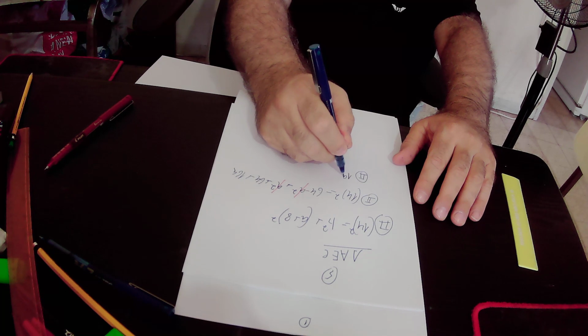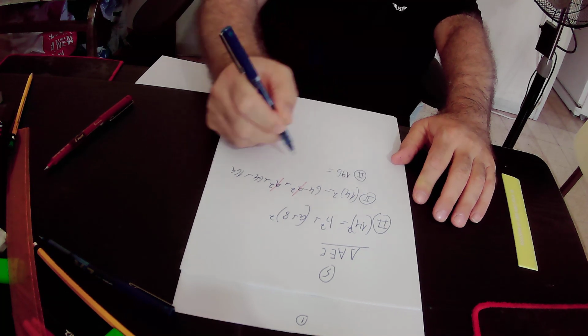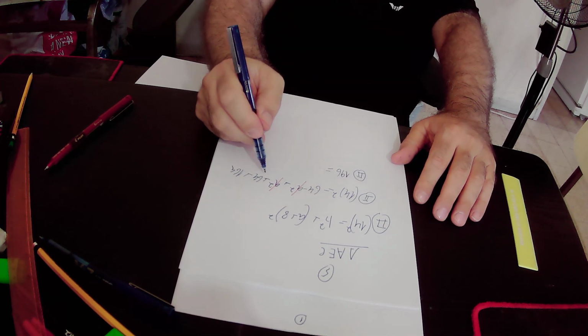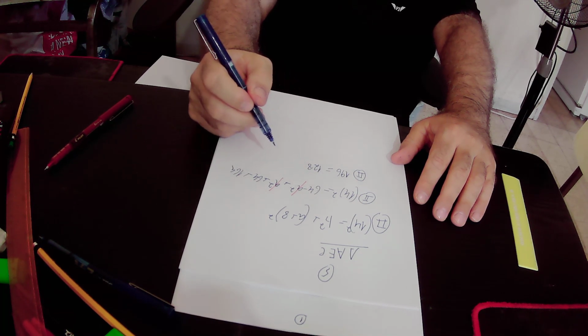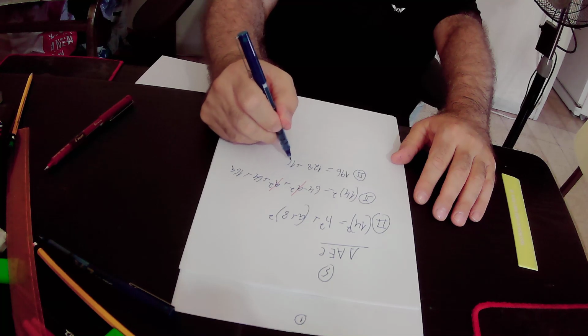14 squared is 196, equals 64 plus 64 is 128 plus 16a.